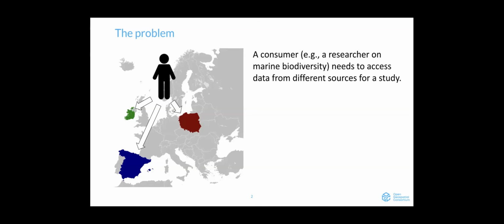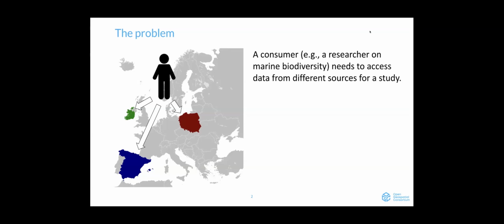You have a consumer, for example, a researcher on marine biodiversity, that needs to retrieve data from different sources for whatever purposes. This could be to create a study, an early warning system, to guide policy makers to enact new legislation, whatever the reason.